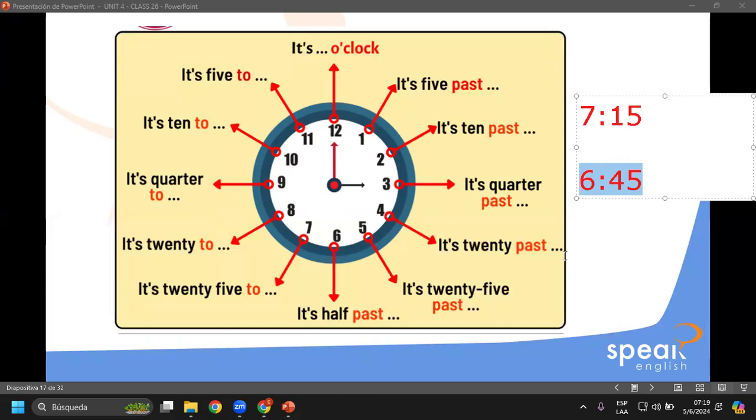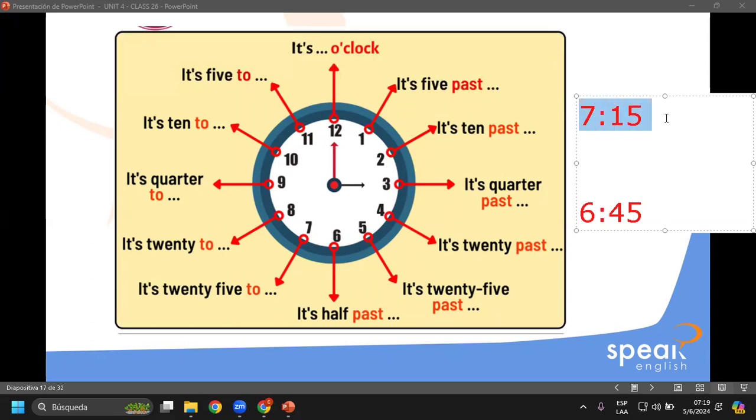What do you think? Which one do you prefer? Do you prefer to say a quarter past 7, or do you prefer to say just 7:15? Which one is easier? ¿Cuál es más fácil? What do you think?